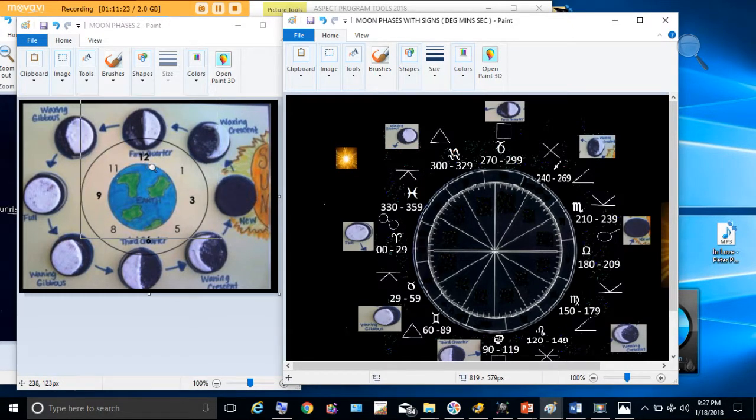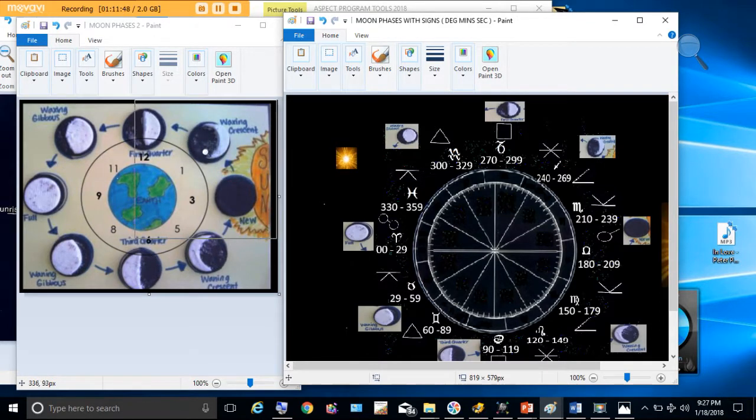But if you look at the clock, you'll see that 9 o'clock on the clock is a full moon. If you look at the clock, you'll see 3 o'clock is the new moon. If you look at 12 on the clock, you'll see that is the first quarter moon. And if you look at 6 on the clock, that is the third quarter moon.